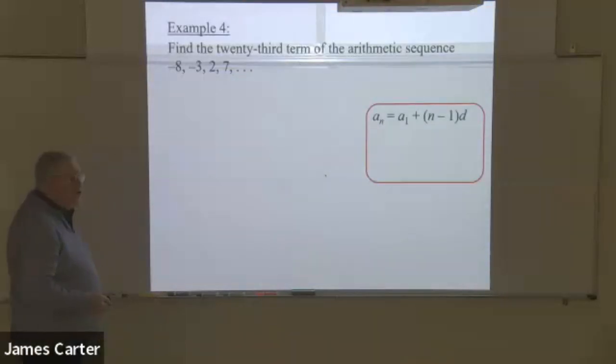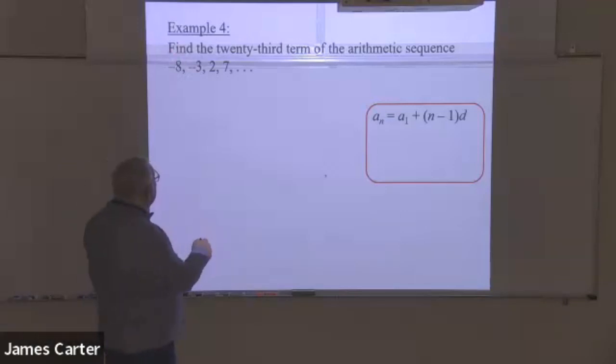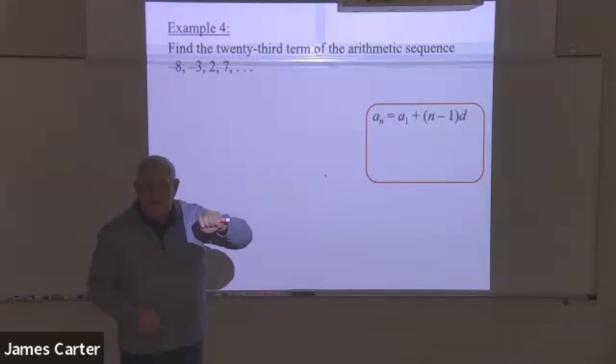Find the 23rd term of this. This is something new now in terms of how we're doing it. Find the 23rd term. We don't have to do all of them in between on this problem. Since we know the first term, we can find the common difference here. -3 minus -8 is -11.